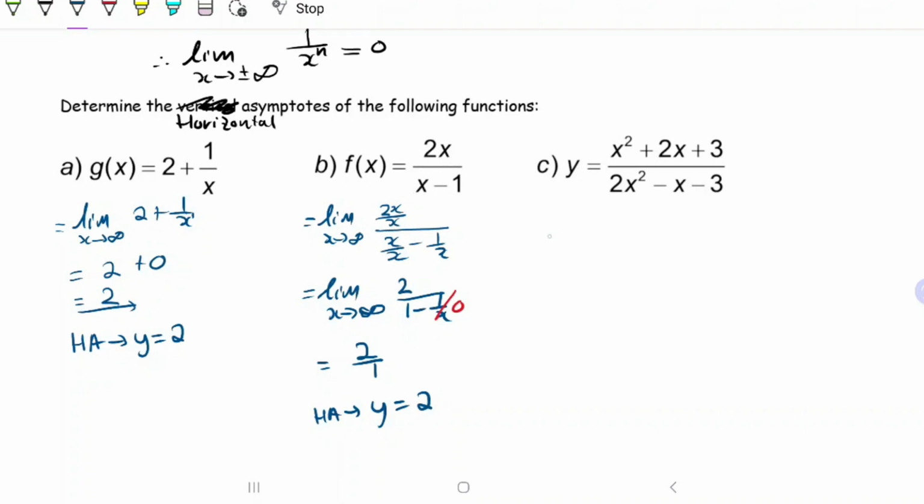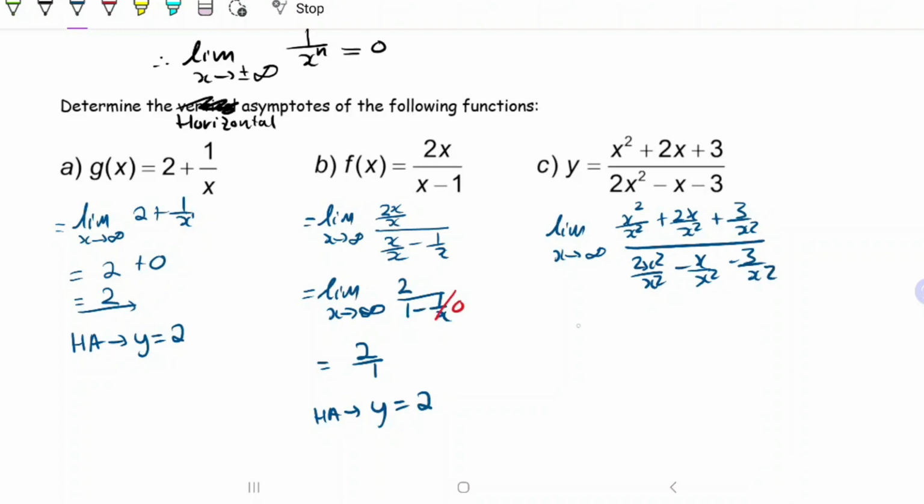Let us deal with more equations now. We'll deal with the limit as x tends to infinity. The highest power we have is 2, so we will divide everything by that. We have 2x squared over x squared minus x over x squared minus 3 over x squared, and we still have the limit as x tends to infinity of that.